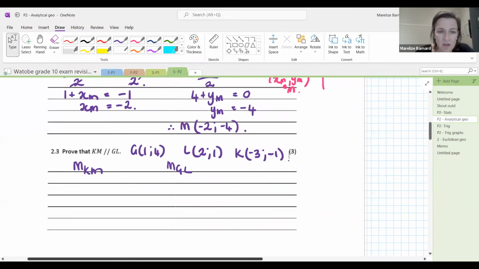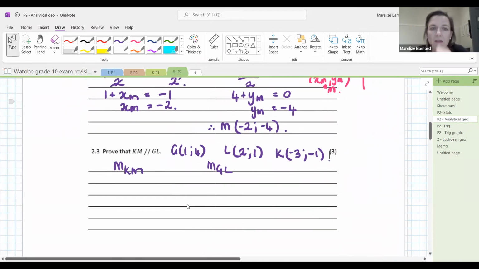Okay, so there you go. Now you have everything you need. Calculate the gradient of KM and the gradient of GL and see if they are the same. When you get your answer, pop it in the chat. This is 3 marks, so we'll have 3 minutes until 25 past to finish this question.